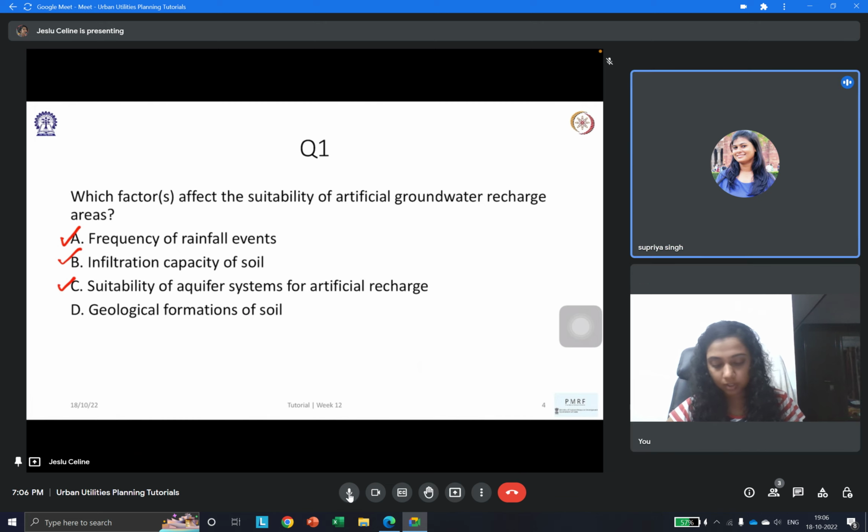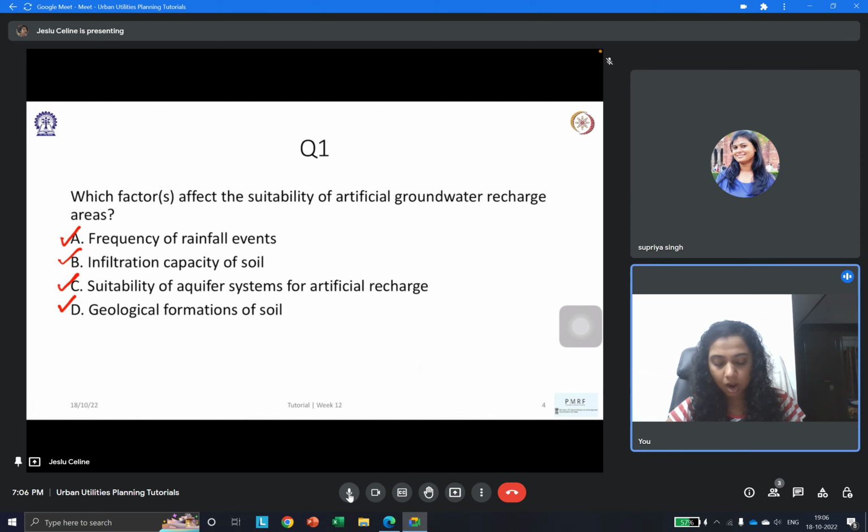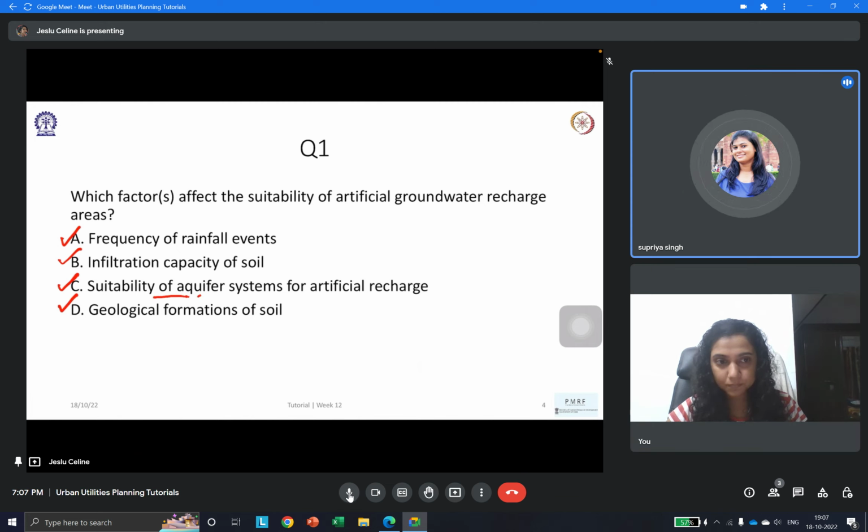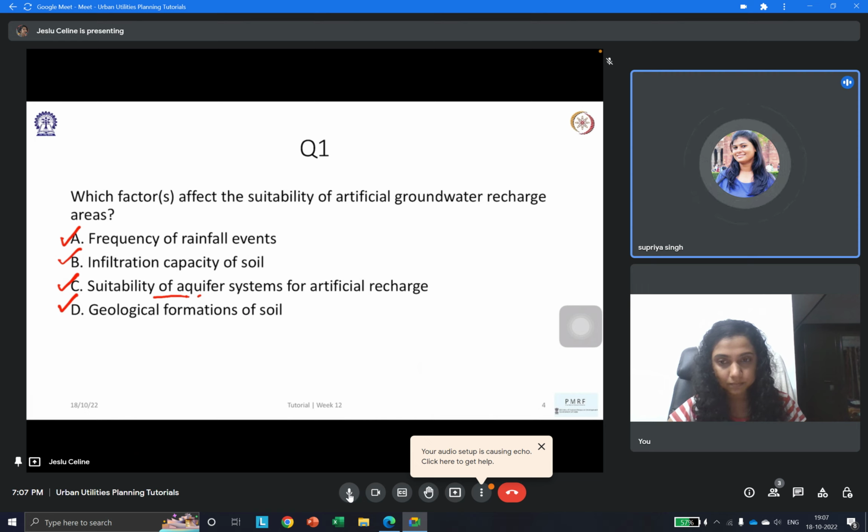So, how does suitability of aquifer help? This is the suitability of artificial groundwater recharge. If the aquifer is suitable enough to get recharged, then only groundwater recharge will happen.